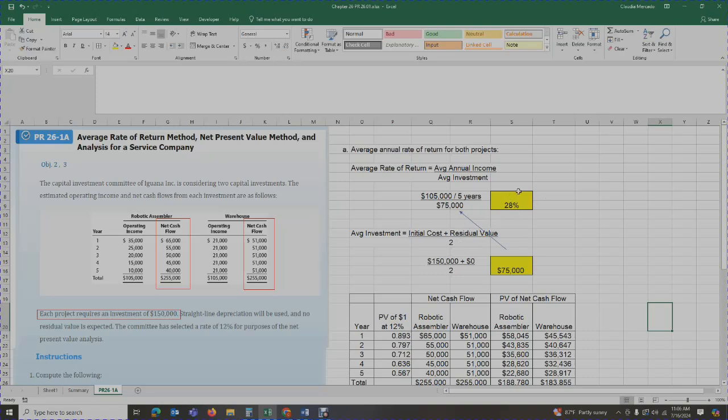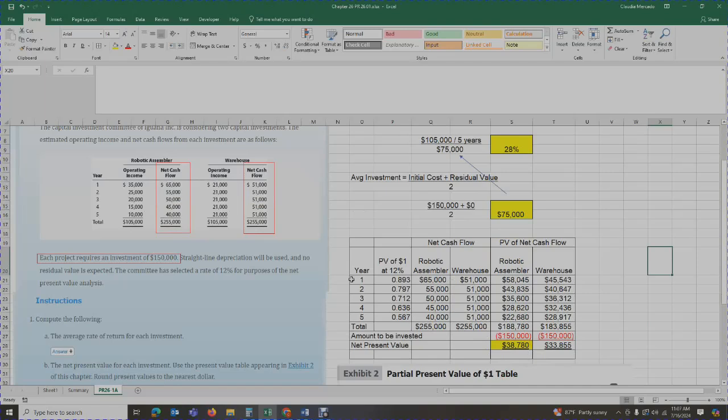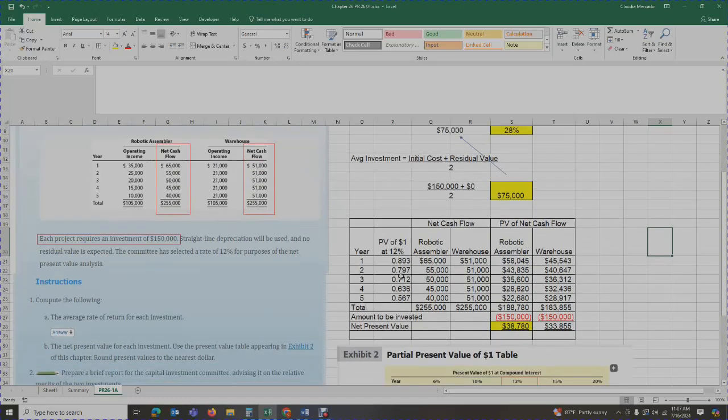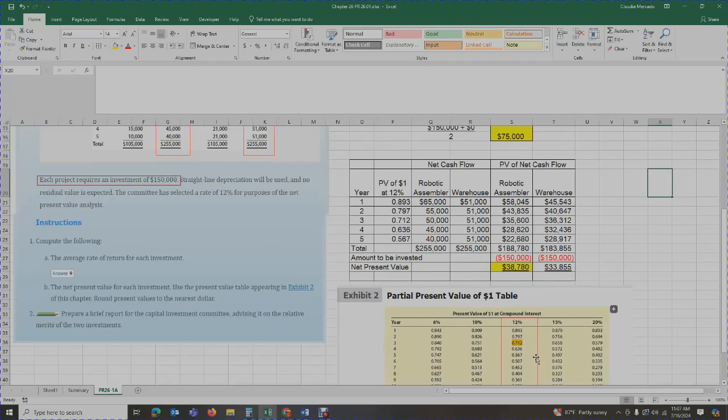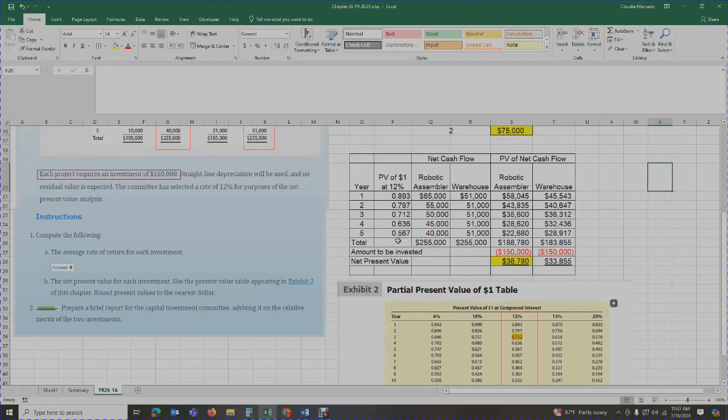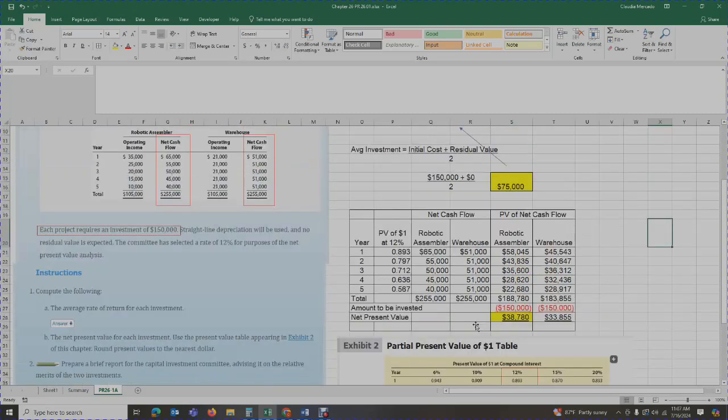Make sure that you show me your work. If your numbers are off, I need to see how you're doing the calculation. Maybe you're using the incorrect present value information, or your rates are off. I need you to show me your work, because I am not a mind reader. I need to be able to see it to provide guidance and support to you.